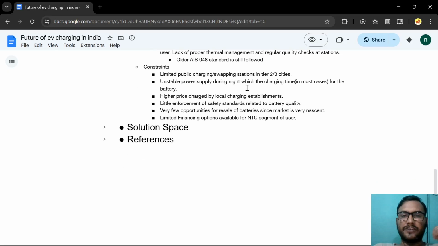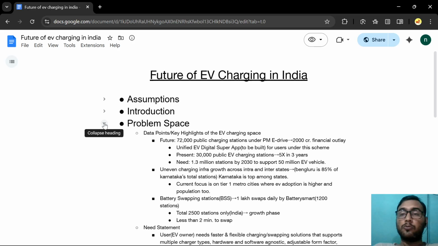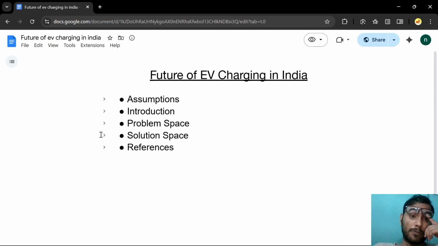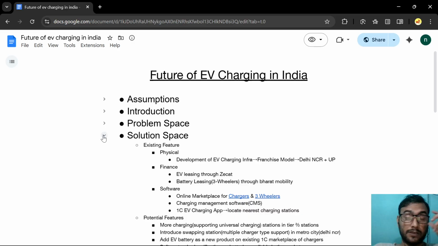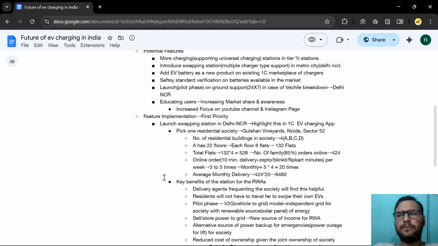Now coming to the constraints. Constraints are that there are limited public charging stations in tier two, three cities. There are very few opportunities for resale of those batteries if I am owning that battery. There are limited financing options for people trying to buy a new EV, because most of the people, as I said, are buying three wheelers, and the users who are buying these vehicles have a very limited credit history.